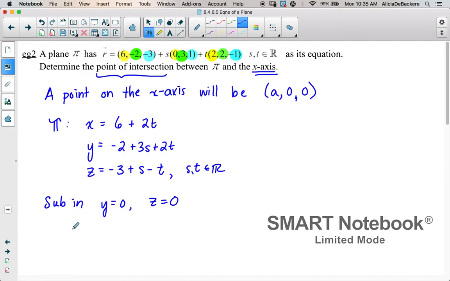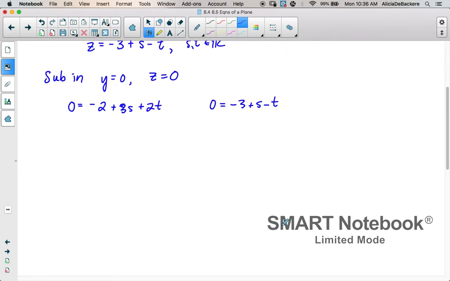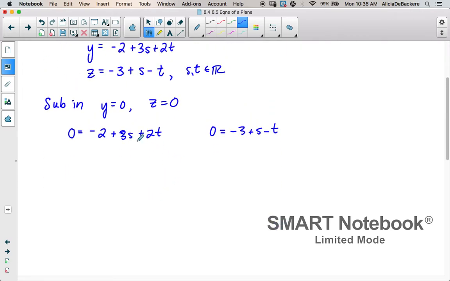So in my first equation here, I'm going to get that 0 is equal to negative 2 plus 3s plus 2t. And then in my second equation, grabbing my z equation, z value has to be 0. And then I'm going to be able to figure out what the values are for s and t.